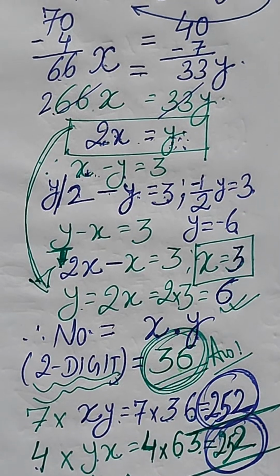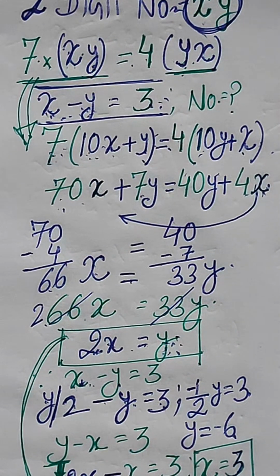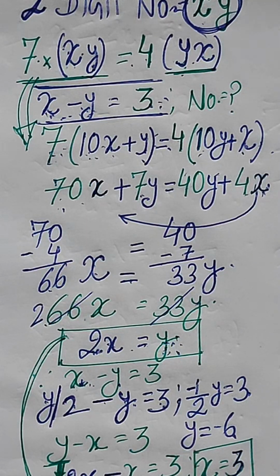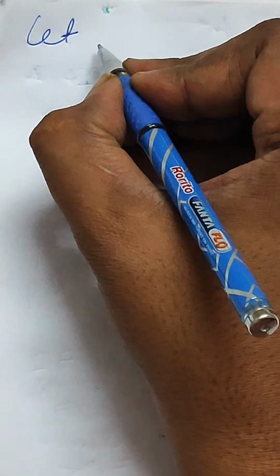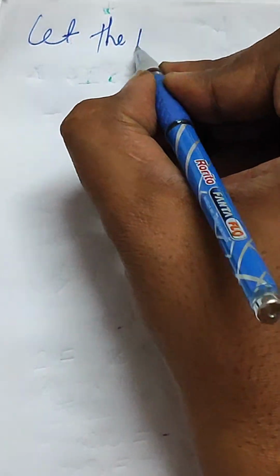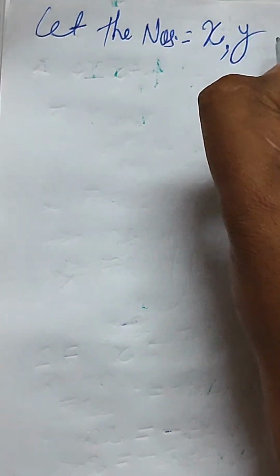Now coming to the two question series, the second question for today is: two numbers are in the ratio 5:6. So let me write it. Two numbers. So I will say let the numbers be x and y, right?